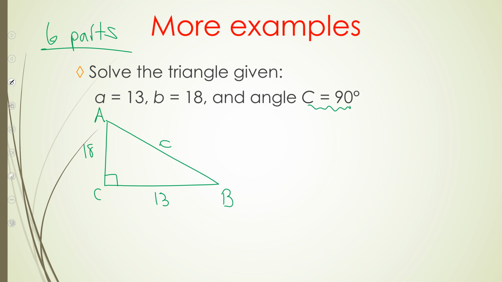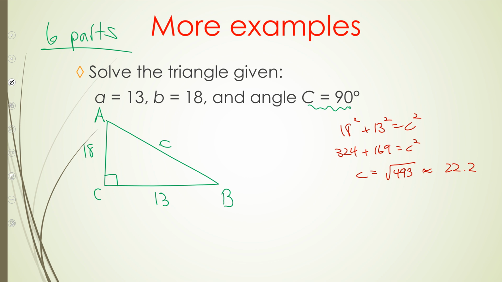Okay, so what I would do if I was solving this problem, first things first, I would say 18 squared plus 13 squared is equal to c squared. 324 plus 169 is equal to c squared. So c is equal to the square root of 493, which is approximately equal to 22.2.